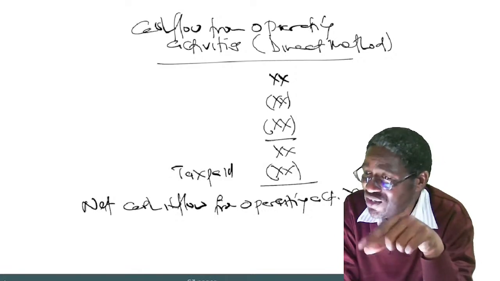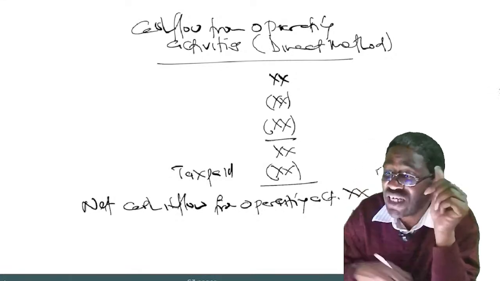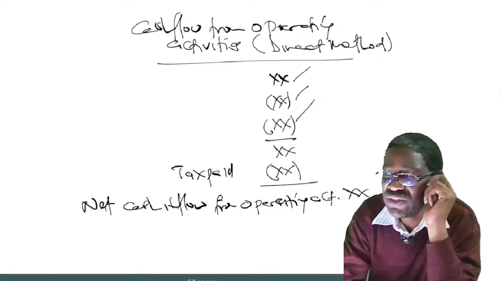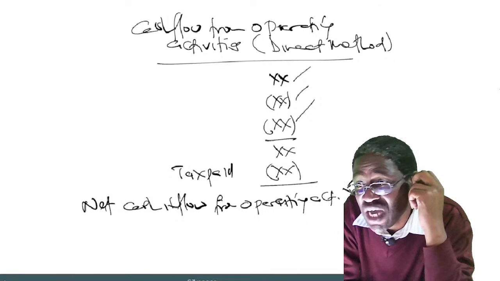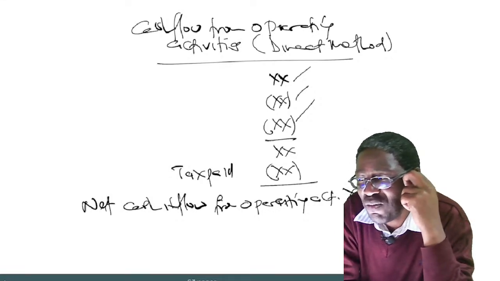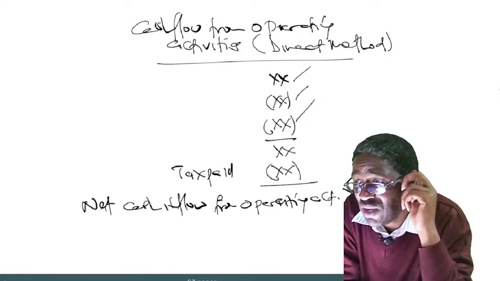Here, we don't show non-cash items. I am not saying you don't use them, but you don't show them here. Oh my. Nobody can remember any one of them.